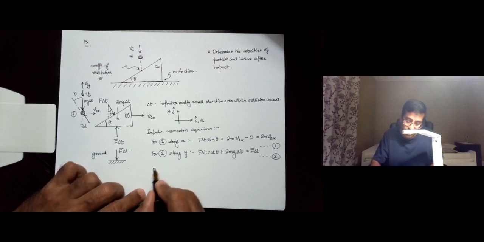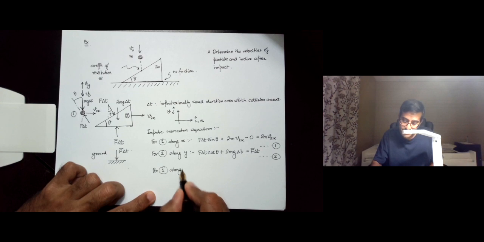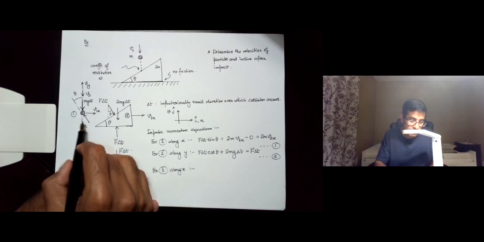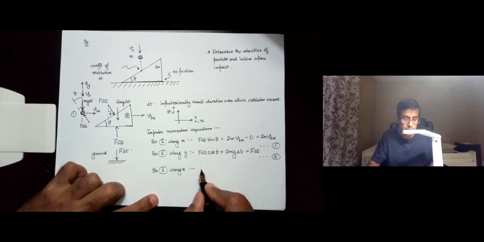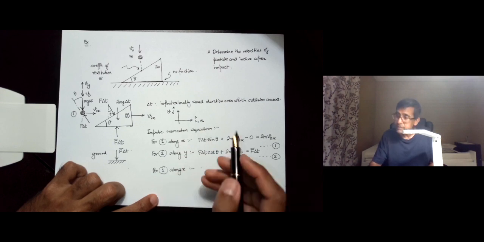Now for particle 1, along x, the impulse along the x direction is F delta t sine theta, but with a negative sign, because we are considering x to be positive going from left to right.